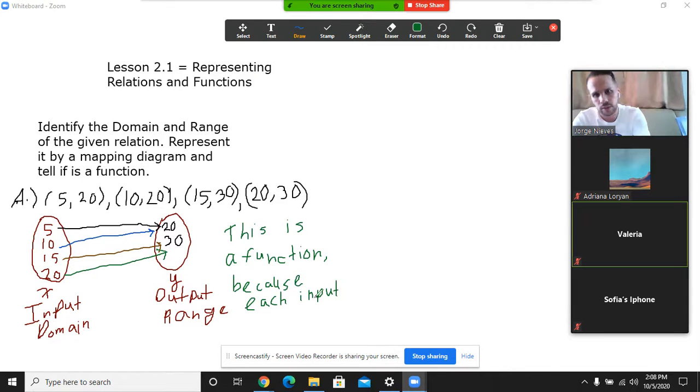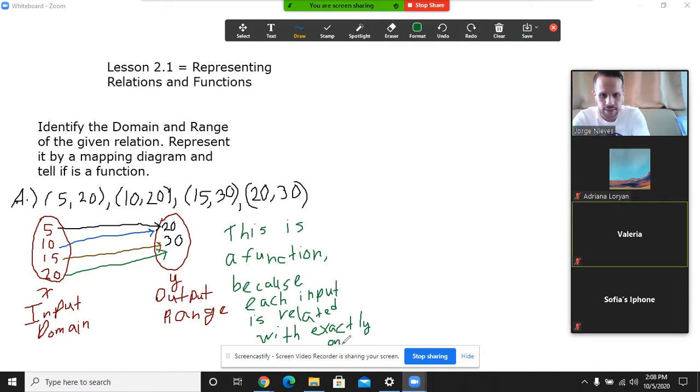Okay. Preguntas, dudas, mi gente. One with exactly one output. O una Y, es lo mismo.